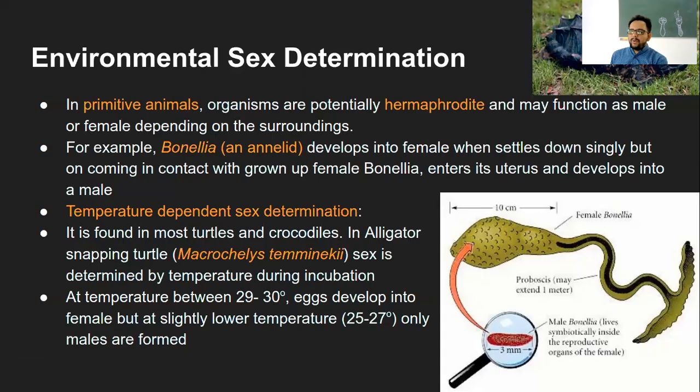These animals don't have those separate chromosomes. They have only a certain number of chromosomes, which does not really determine the gender. That chromosomal set only determines the structure of the organism and the function of the different things within that body. If that is the case, male and female will be all the same. So depending on certain stimulating signals, they can turn into male or female, and that is what is happening in Bonellia.